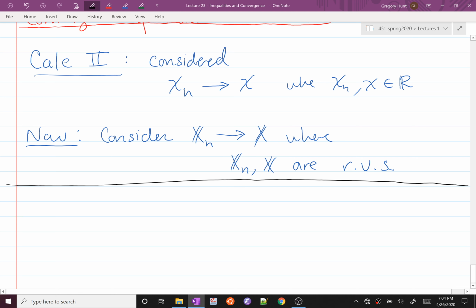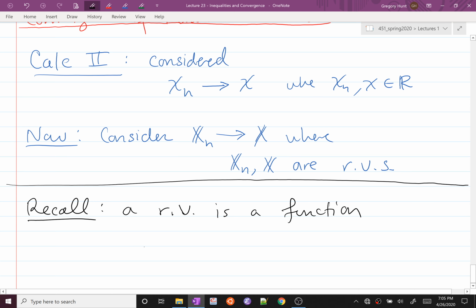And the first thing to remember, so we're going to talk about some different notions of convergence of random variables. And so we have to define what we mean by convergence of random variables. One of the most basic ways we can talk about convergence is we can recall that a random variable is a function.